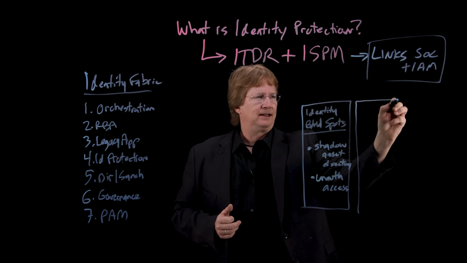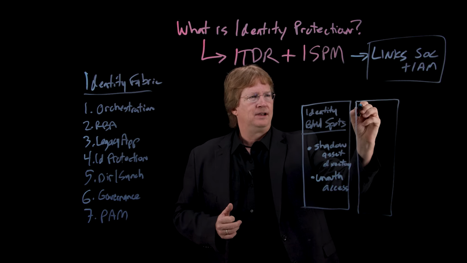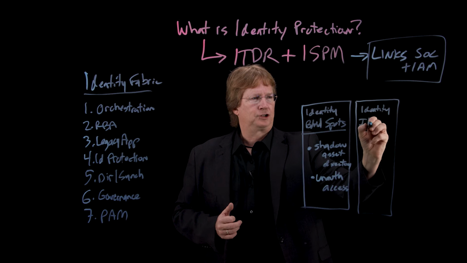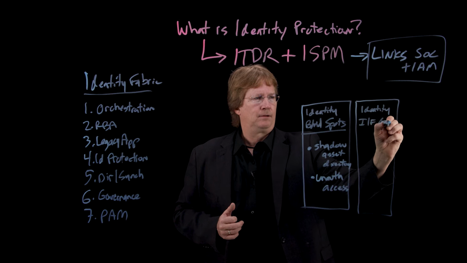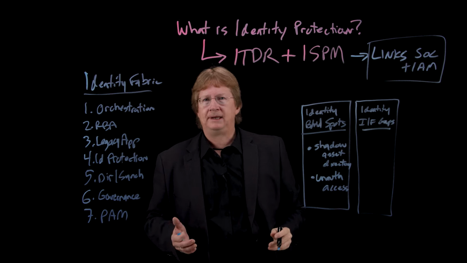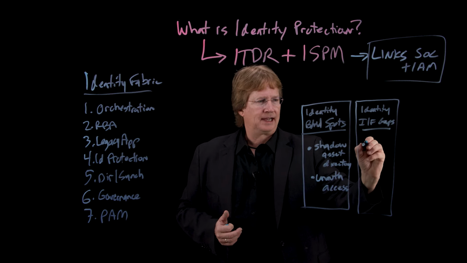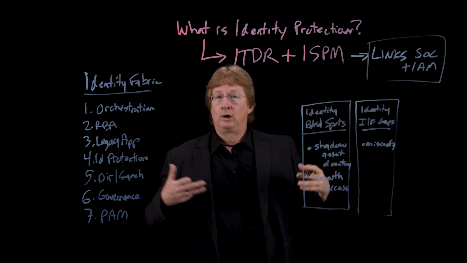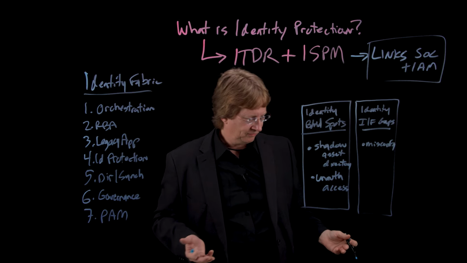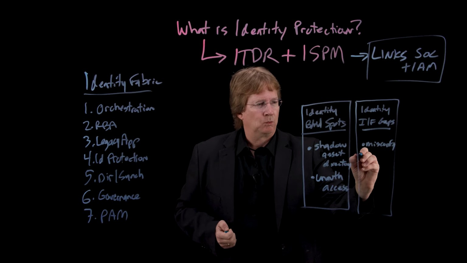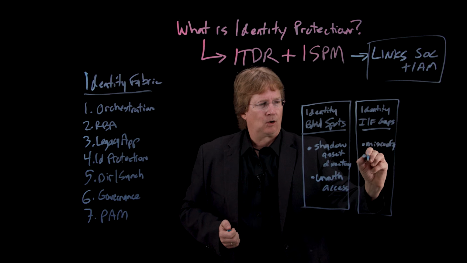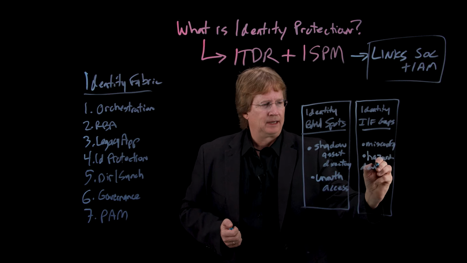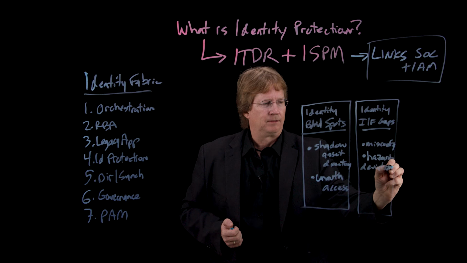The second thing that identity protection does is it finds identity infrastructure gaps. So what does that mean? That's finding things like misconfigurations that would enable an attack to be more effective than we would want it to be, of course, and then also hazardous deviations in policy.